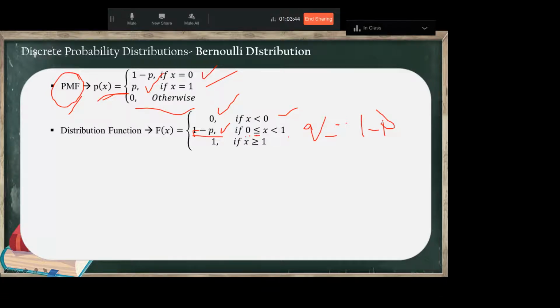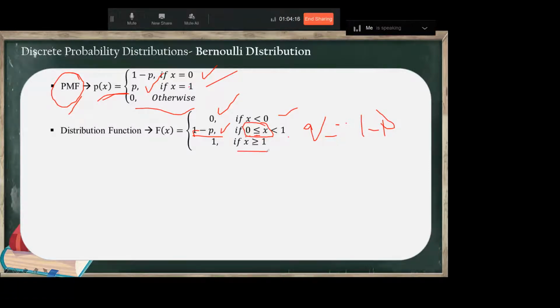So look here, because it's less than and it's greater than and equal to 0. So because it's equal here, we know when x is equal to 0, what is the probability? Here it is 1 minus p, right?